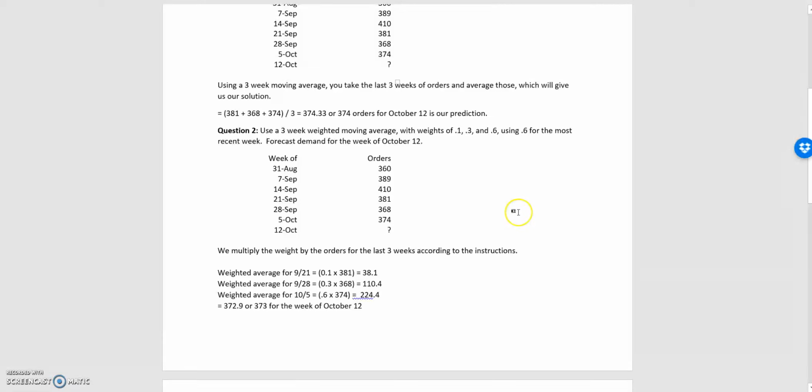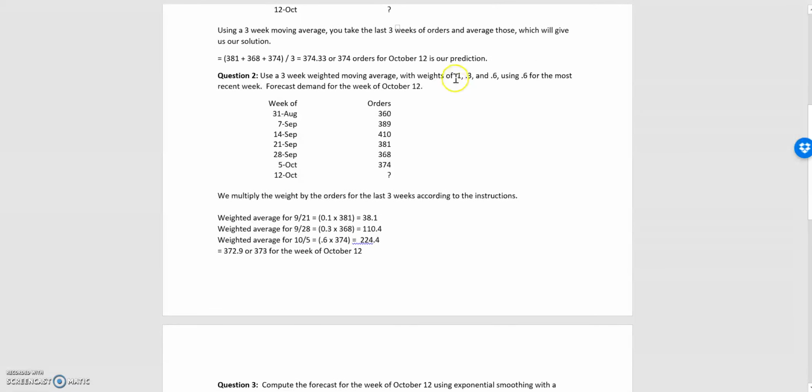Using a 3-week weighted moving average with weights of 0.1, 0.3, and 0.6, using 0.6 for the most recent week because we want to give the most recent week the most weight and the most impact in our algorithm, forecast demand for the week of October 12th. Using the weighted moving average, we multiply the weight by the orders for the last 3 weeks accordingly.